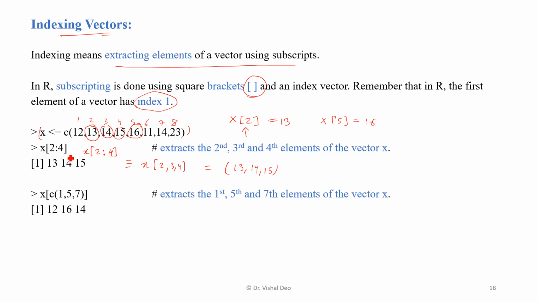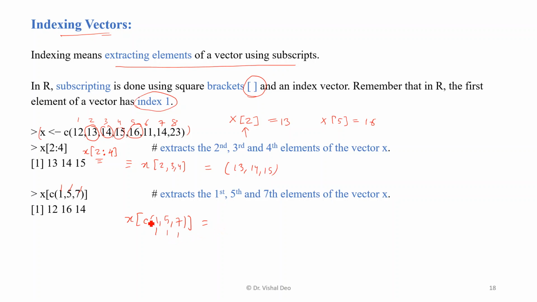And suppose you don't want to extract a sequence, but instead you want to extract different positions. So you want to extract what is there in the first position, the fifth position, and the seventh position. So just use a vector of positions inside square brackets. That means it is going to return the values which are saved at the first, fifth, and seventh positions.